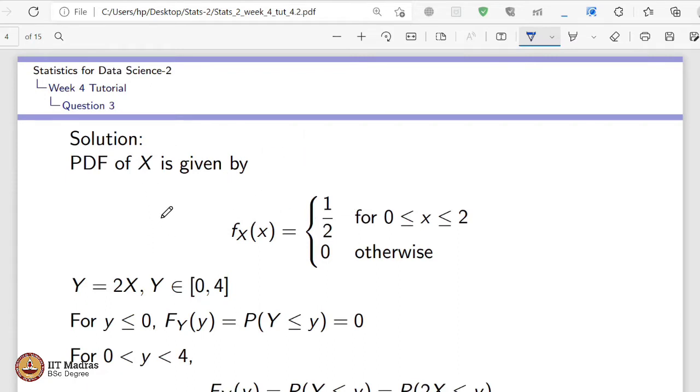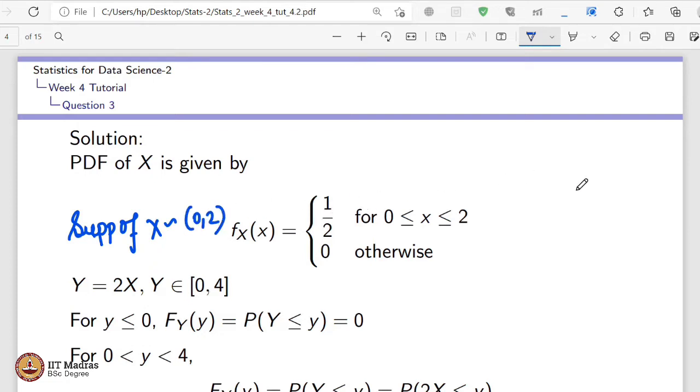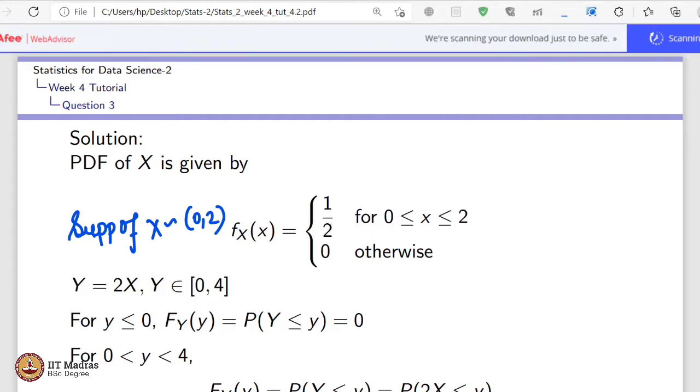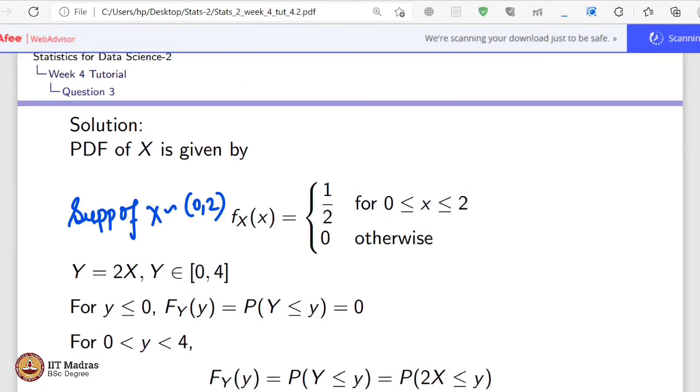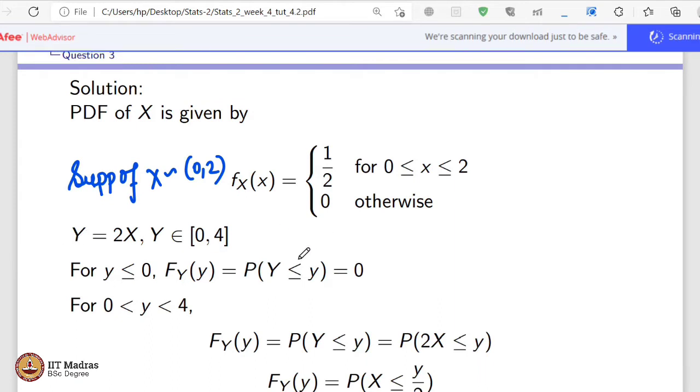So support of x was what? Support of x was from 0 to 2, right? And this is the PDF of x. Generally we have shown that from 0 to 2 the distribution is 1 upon 2, right? So the support of y is what?